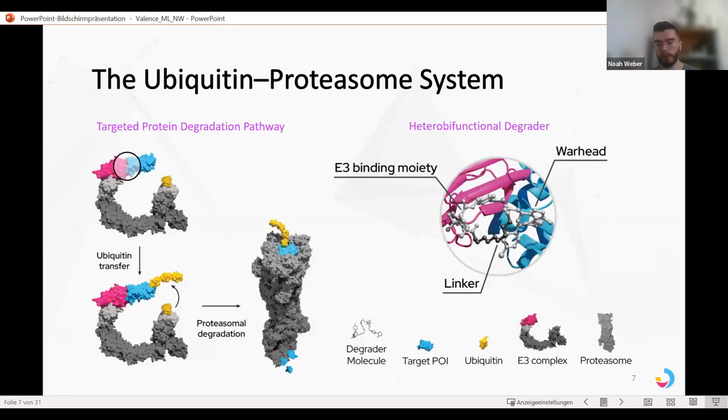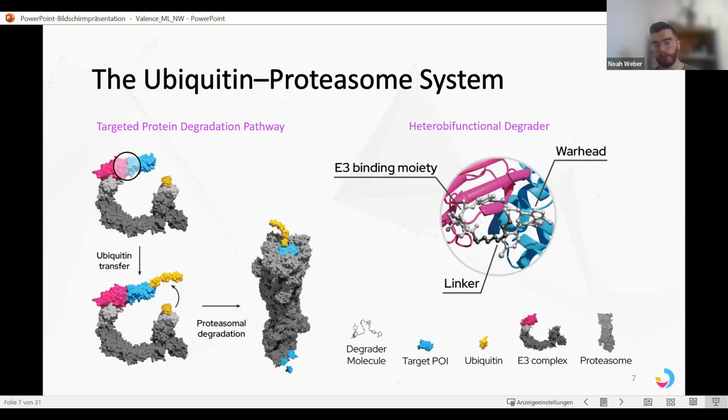Now, coming to the biological part, once we want to even model it, we need to understand what biology says about this topic, and how this actually happens. The Ubiquitin-Proteasome System is a pretty complex system, and what I'm trying to depict here, and I'm going to walk us through very slowly, is maybe a narrowed down or distilled version of what is actually happening.